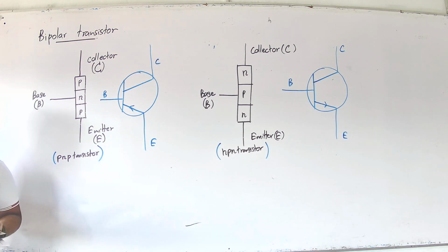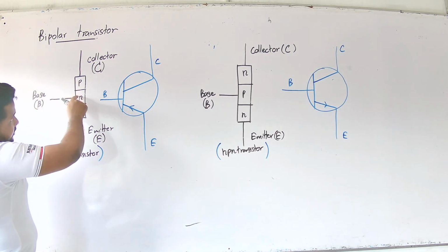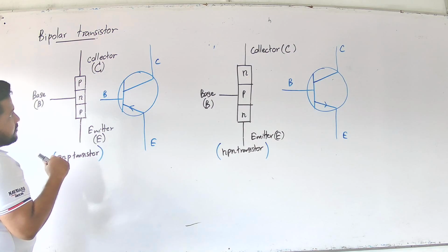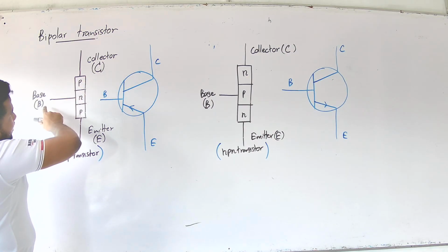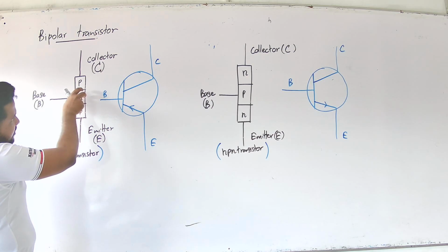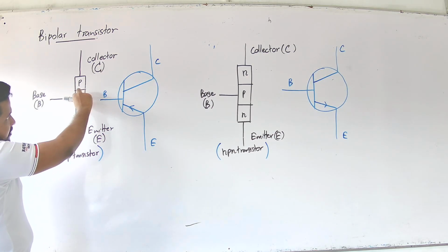Right. Okay. So these are three semiconductor regions. This one is collecting the charge carriers, and also this is the intermediate stage. So this is the thin layer.